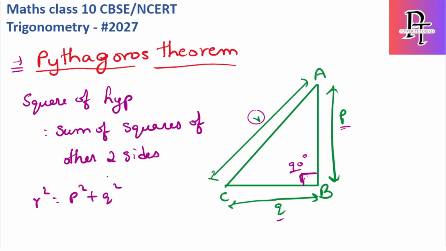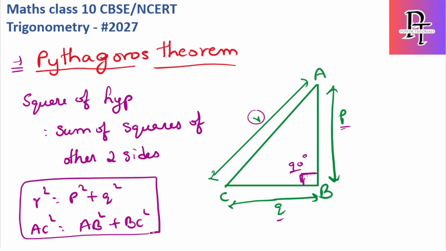But if I want to write the exact lines, then it becomes hypotenuse AC square is equal to AB square plus BC square. This is very important. If you know two sides of a right angle triangle, we can easily find the other side by using the Pythagoras theorem. Hope it's clear.